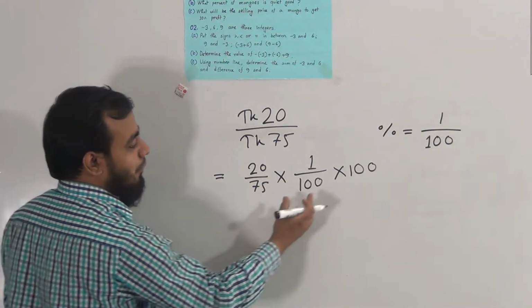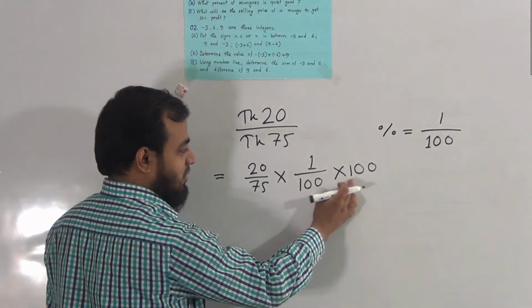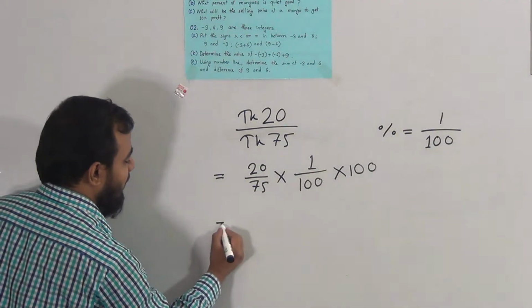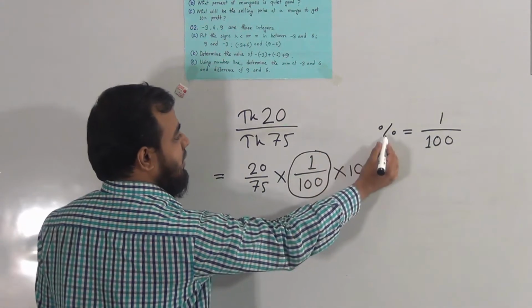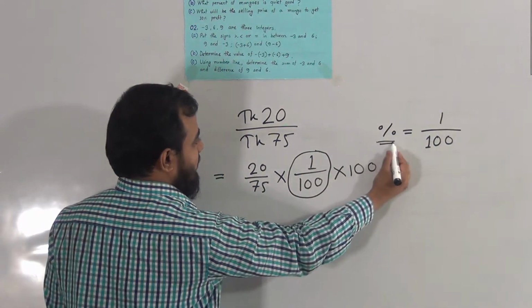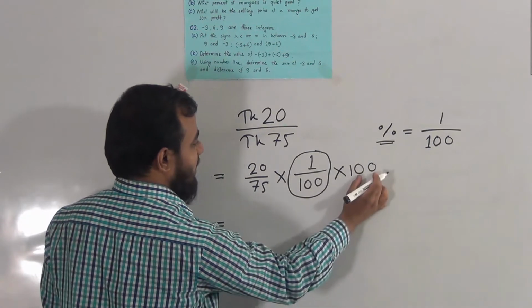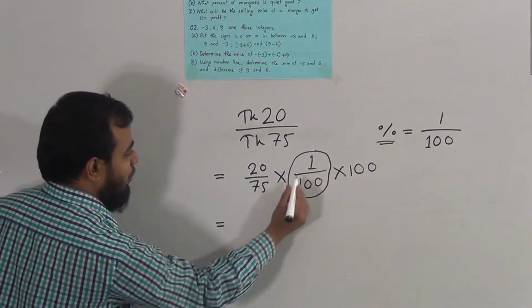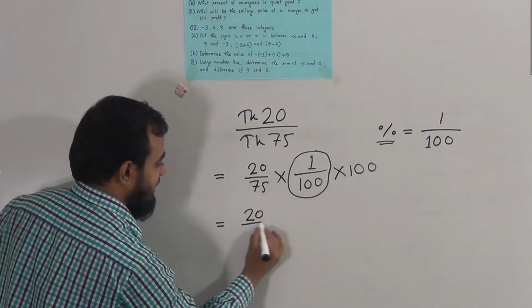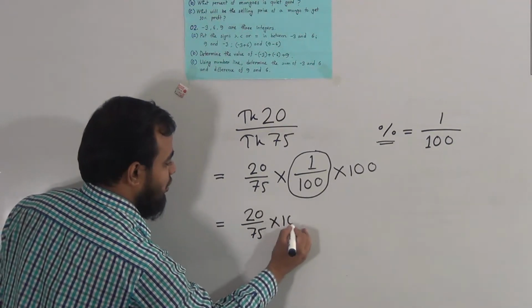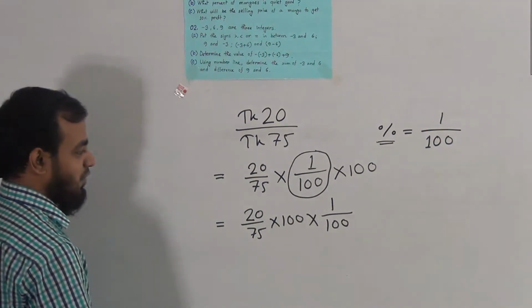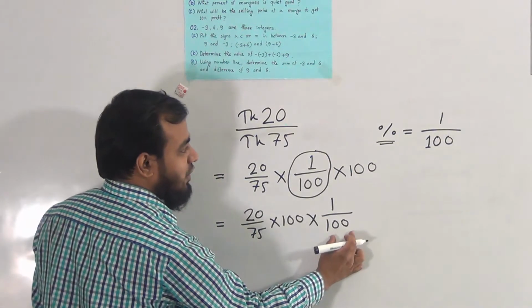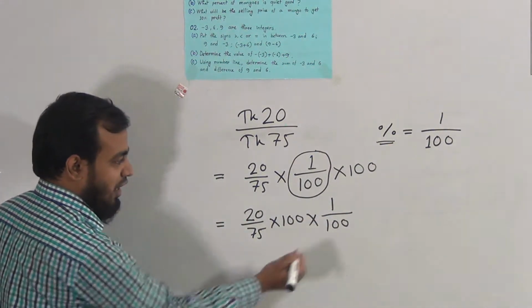That's why we can multiply 1 by 100 and 100 by any number. We write this later because we need this percentage sign here. So 20 divided by 75, multiplied by 100, then we can write 1 by 100 by arranging this.